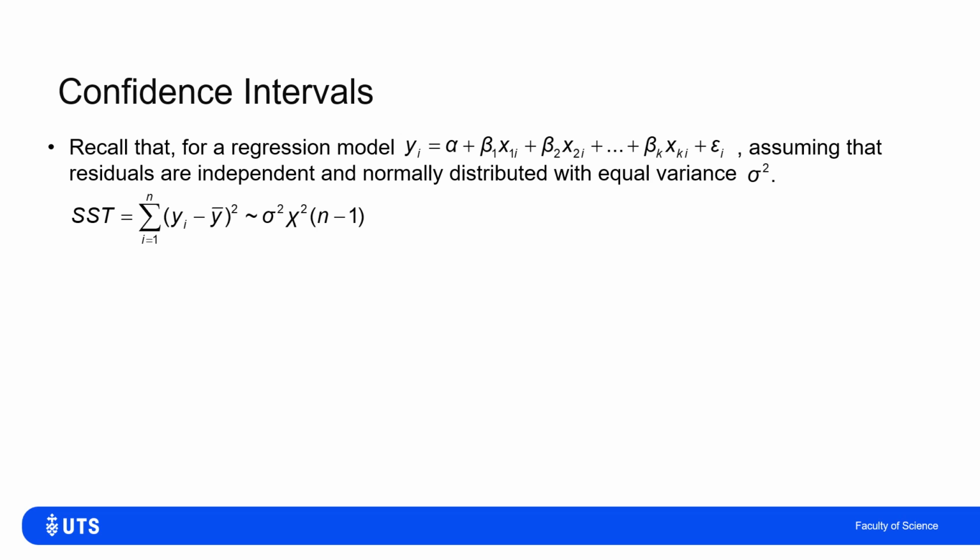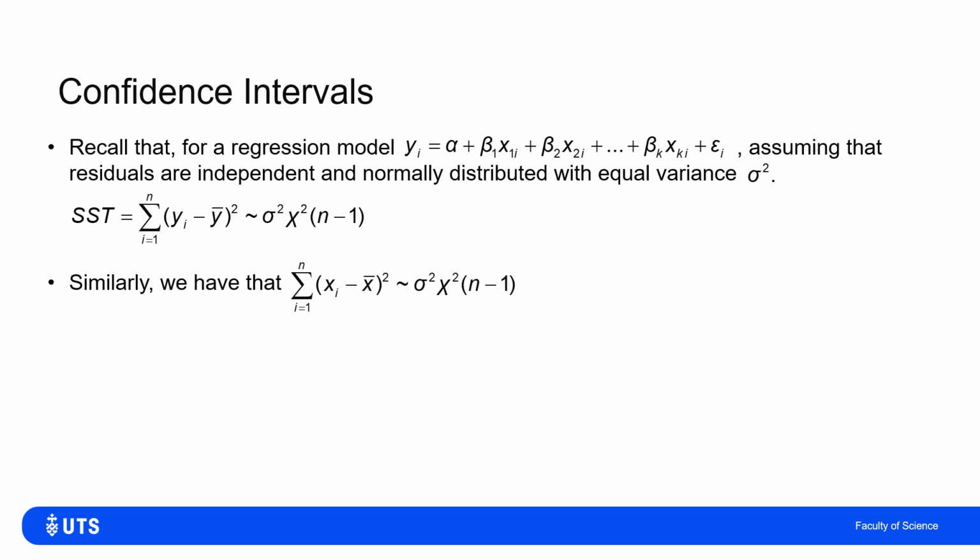You would think maybe chi-squared with n degrees of freedom if I'm adding n independent squared normals, but the constraint of them having mean y bar removes one of those degrees of freedom.